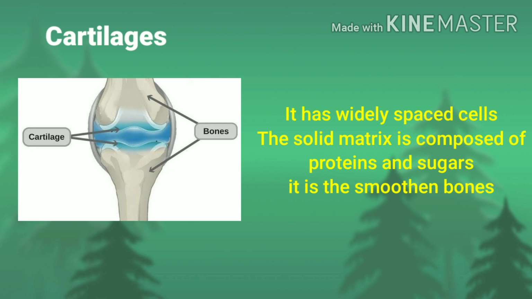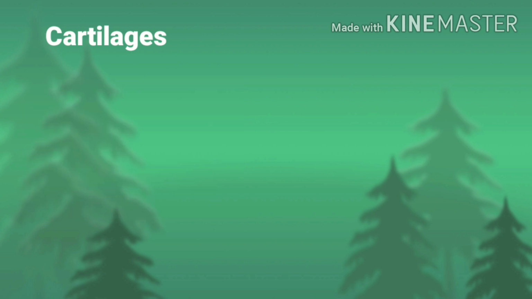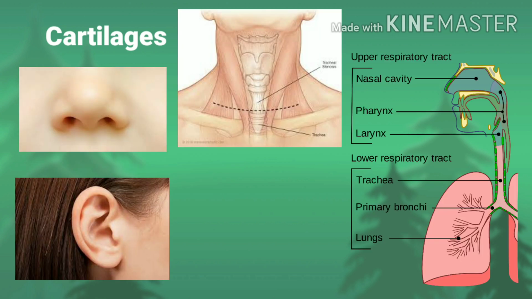Okay, you know, where do we have cartilage in our body? Yes, you already learned that, no? It is in the nose. Nose is an organ where we have cartilages.